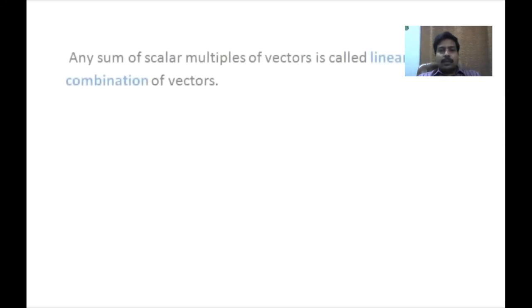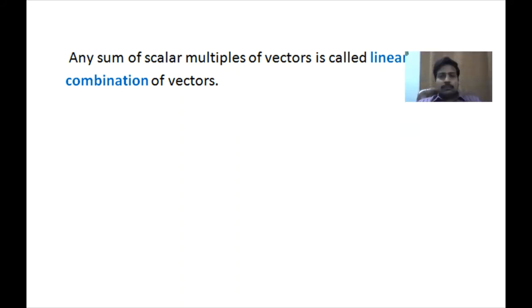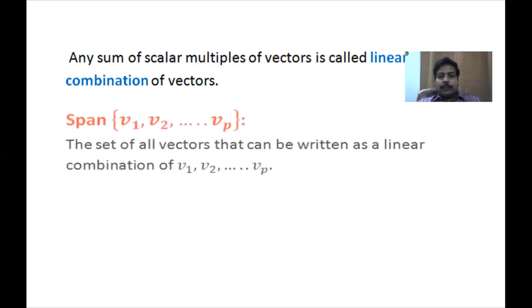And later we went through these points in our earlier classes. Any sum of scalar multiples of vectors is called a linear combination of vectors. And the span of v1, v2, and so on up to vp is the set of all vectors that can be written as a linear combination of v1, v2, and so on up to vp.